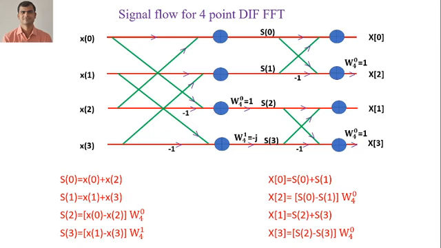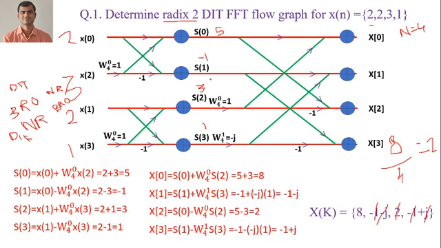So I have taken the addition after. That is the basic difference between the DIT and DIF algorithms. Whatever output we are getting, the Twiddle factor exponents are multiplied after the addition in DIF, and for DIT it is before.